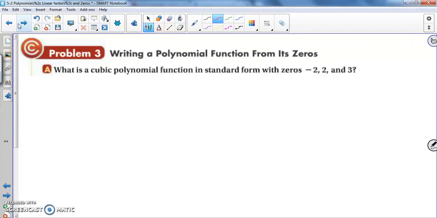What is a cubic polynomial function in standard form with the zeros -2, 2, and 3? So I know that my factors are x minus a, and if these are my a values, I have -2, 2, and 3.